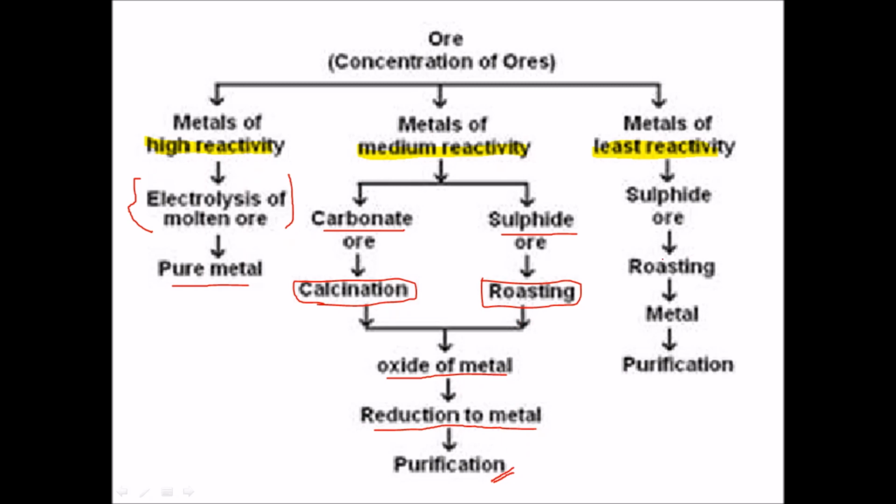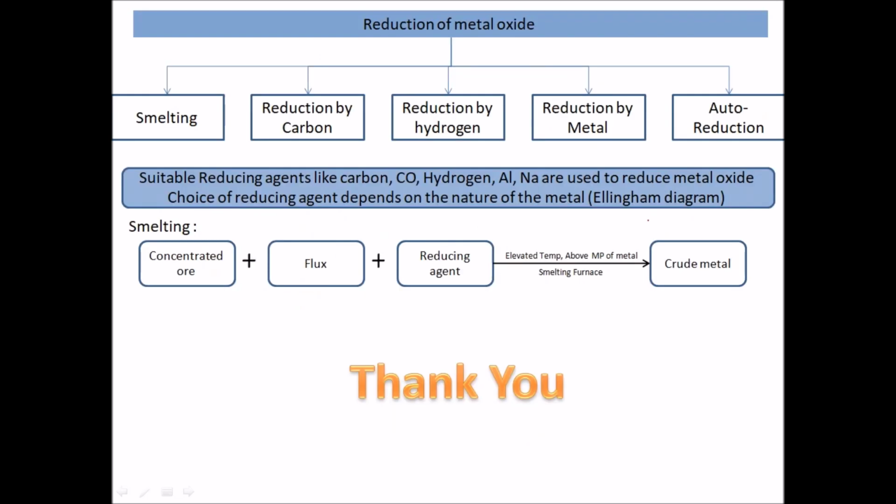The metals of least reactivity like gold and silver, if they are present in their sulfide form, undergo the process called roasting, from which the metal is obtained, which can be further purified. The second step in the extraction of crude metal is reduction of metal oxide.